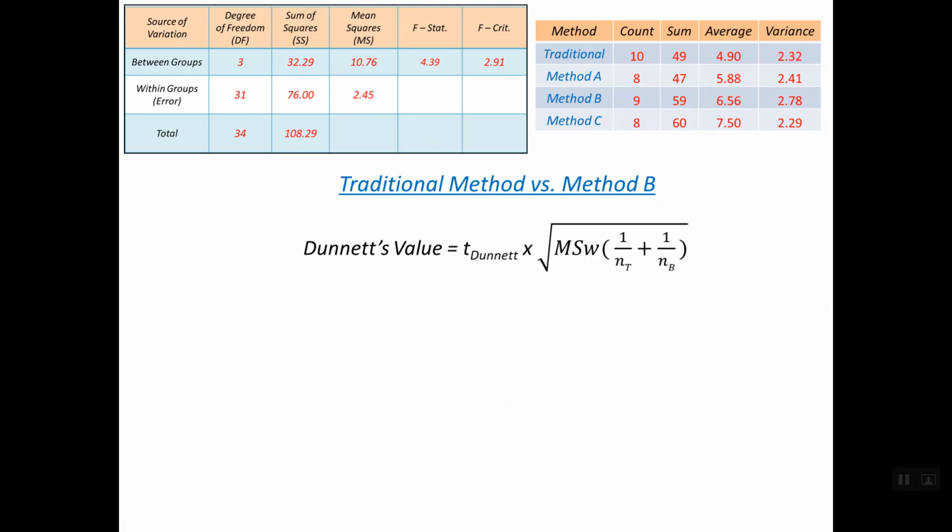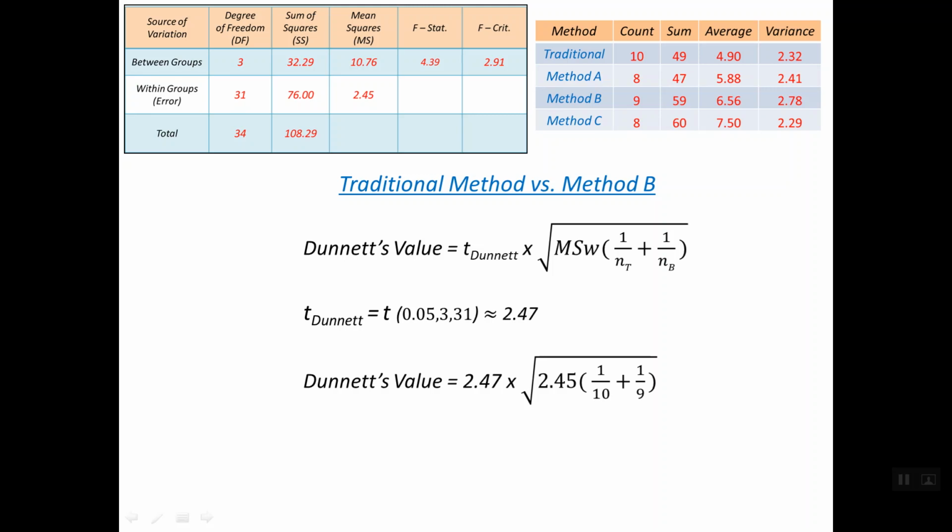The same way for the traditional method and method B. This is the formula for Dunnett's value. This is the value of the t for the Dunnett test, and if you substitute, you will get 2.47, which is the t for Dunnett. This is the mean square within. This is the number of observations for the control group, and this is the number of observations for method B. It's 9.